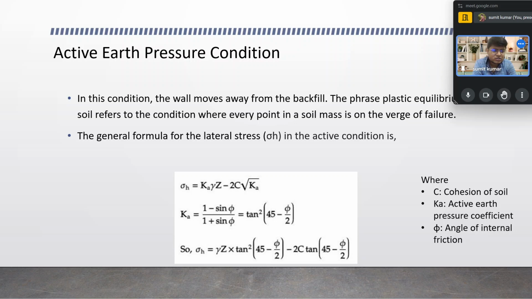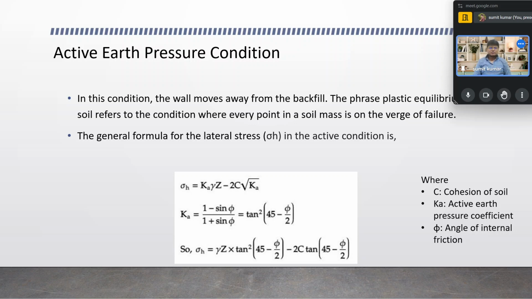For the calculation of the earth pressure coefficient, that is K, we use the interrelation with the help of the angle of internal friction, that is phi. K is 1 minus sin phi by 1 plus sin phi, that is nothing but equal to tan square 45 minus phi by 2. So if we write sigma h by breaking it into different terms, we can write sigma h equal to gamma z into tan square 45 minus phi by 2 minus 2c tan 45 minus phi by 2. So we get the value of the horizontal earth pressure which is acting over there.